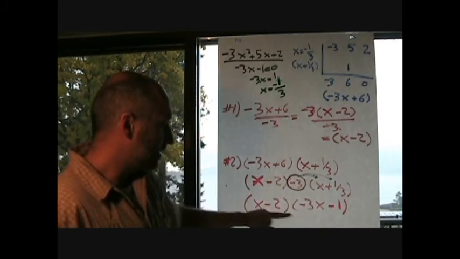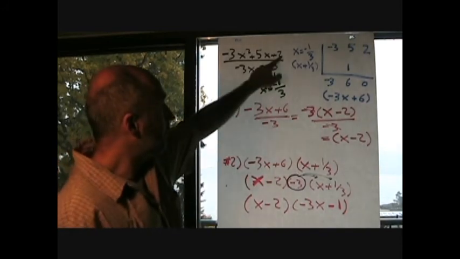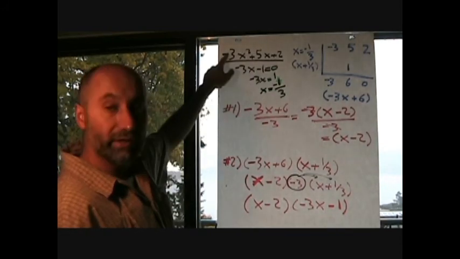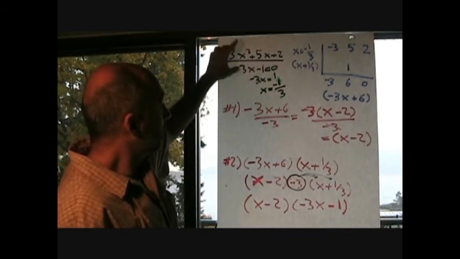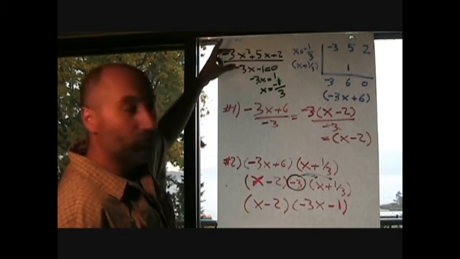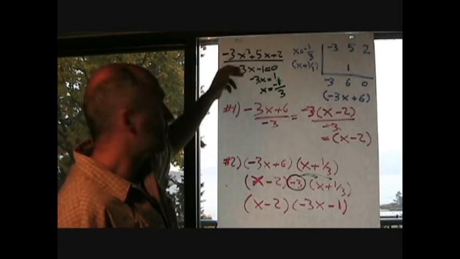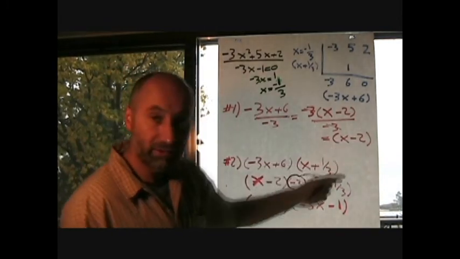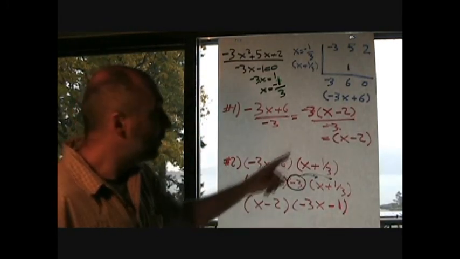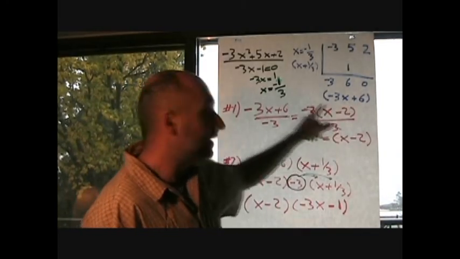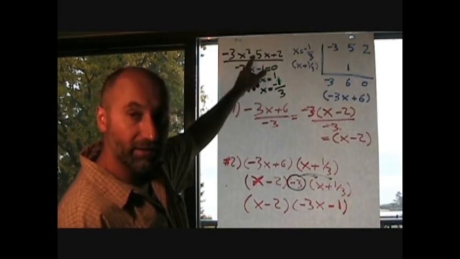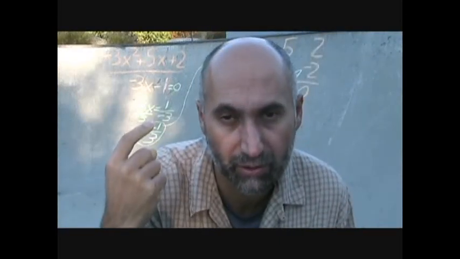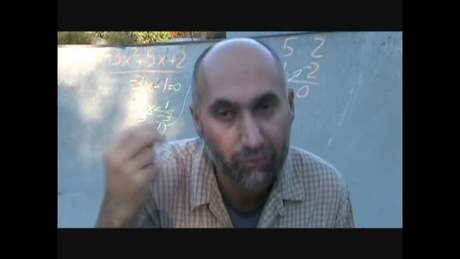And this guy times this guy would give you your numerator up top there. And to write your answer for this, if this was straight out division, this divided by this, your answer would be x minus 2. It would not be this guy, because this guy times that guy does not give you that. Okay? Watch out for these types of questions. Be careful with these. You might get them.